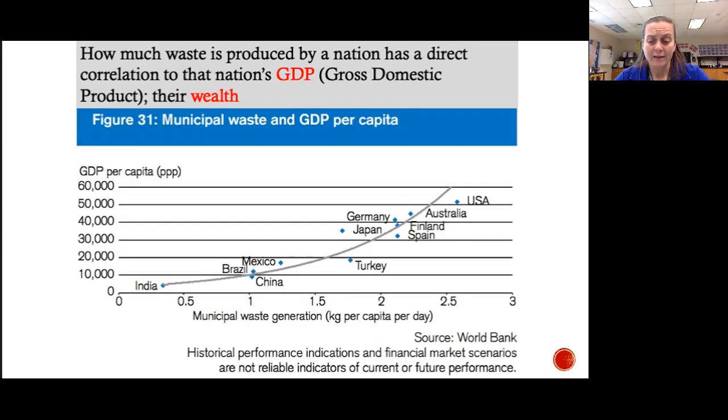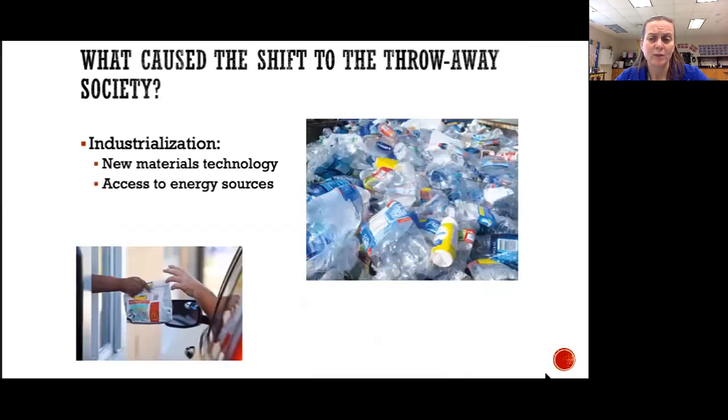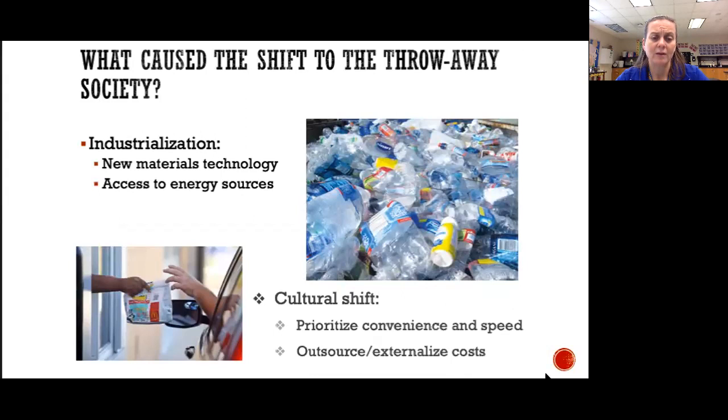So why is that? Well, industrialization gave us new materials, technology gave us access to energy sources. And as a country industrializes, they have a cultural shift where convenience and speed are prioritized, and we tend to outsource and externalize our costs.